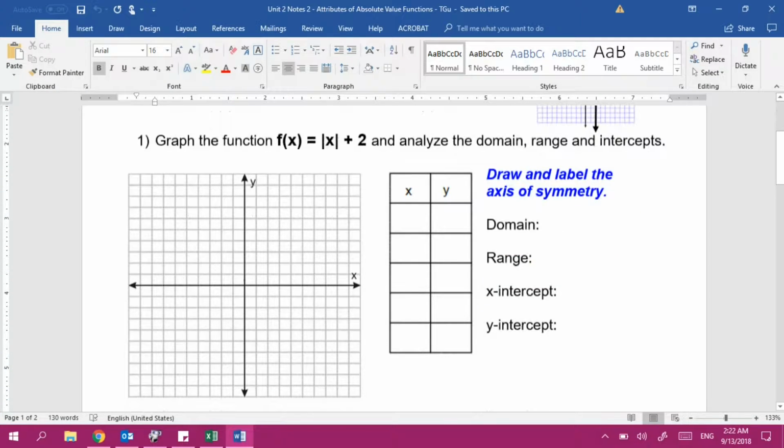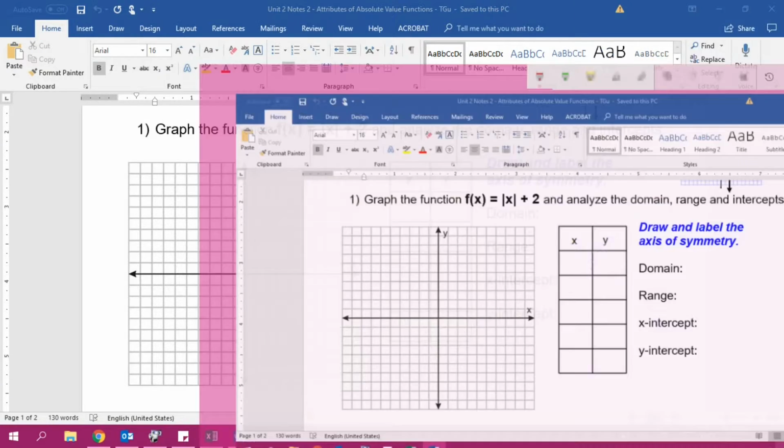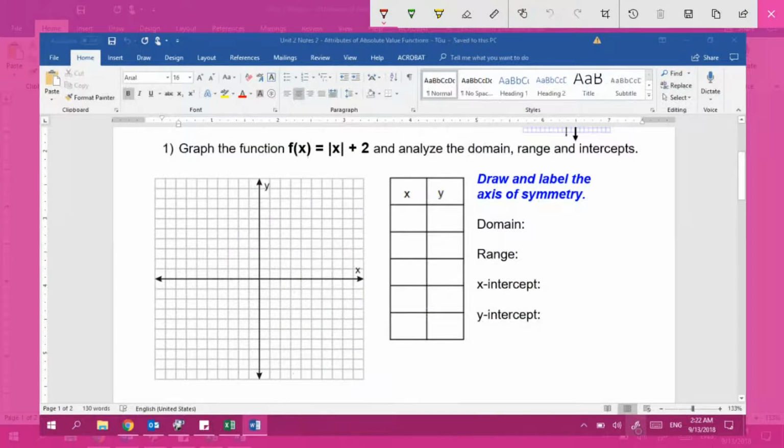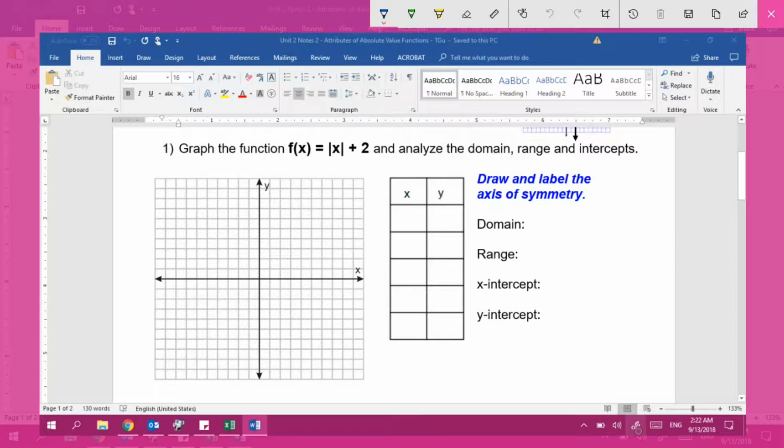Alright, so let's jump straight into some examples and see what kind of things we're going to be looking for. We're going to graph the function f of x equals the absolute value of x plus 2. Let's just choose some values here: -3, -1, 0, 2, and 4.